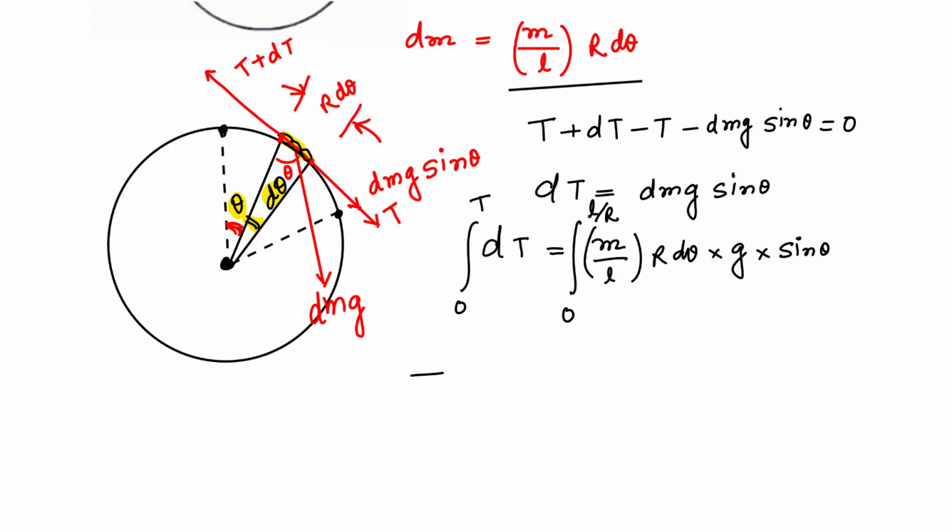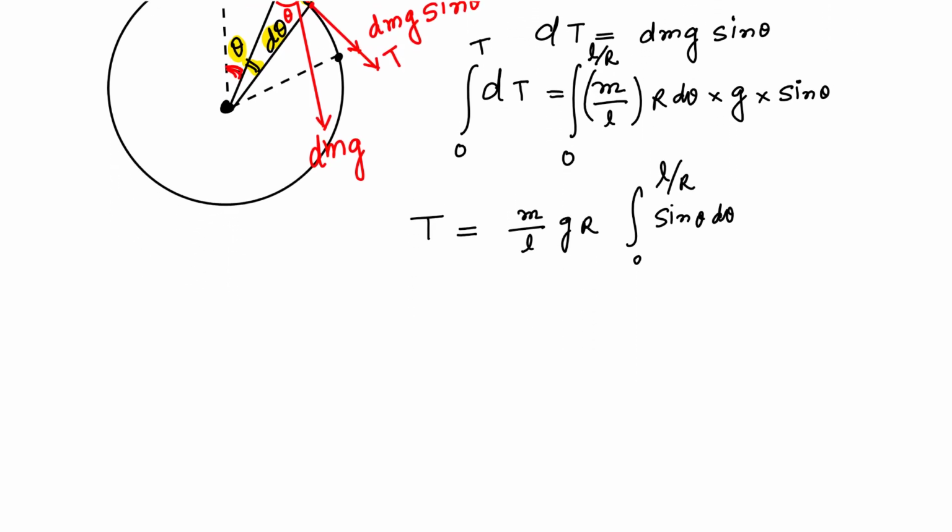So on this side we will have T is equal to M by L, and let us take gR common. Then we will have simply sine theta d theta, 0 to L by R. And the integration of sine theta is minus cos theta.